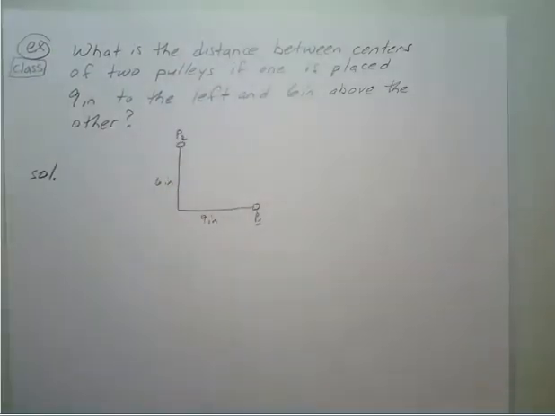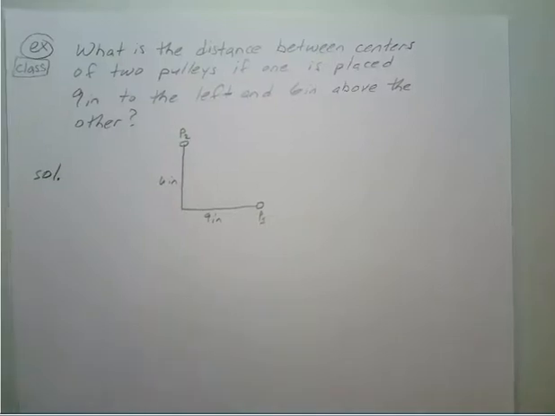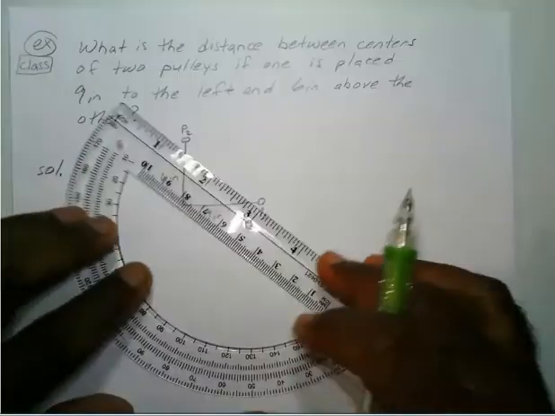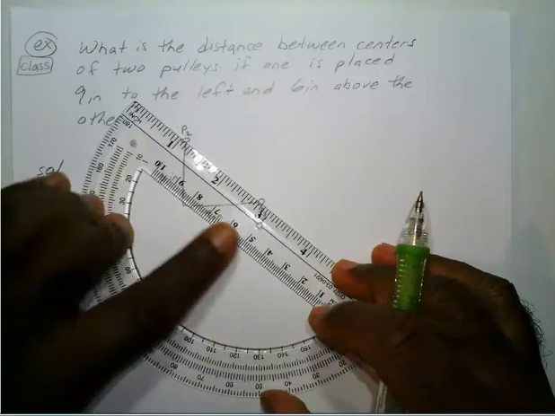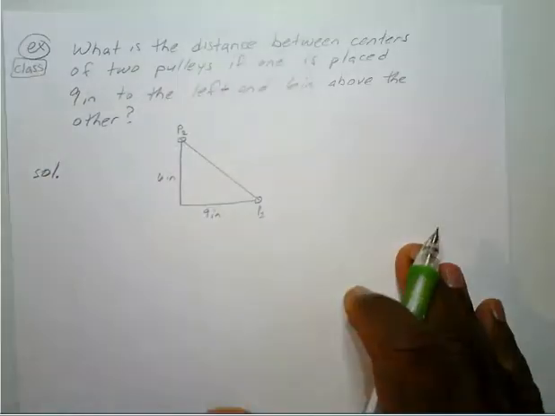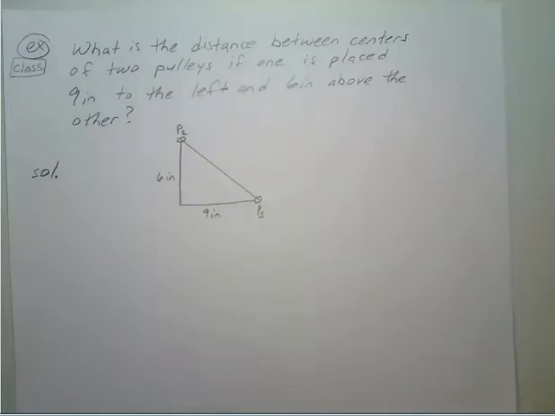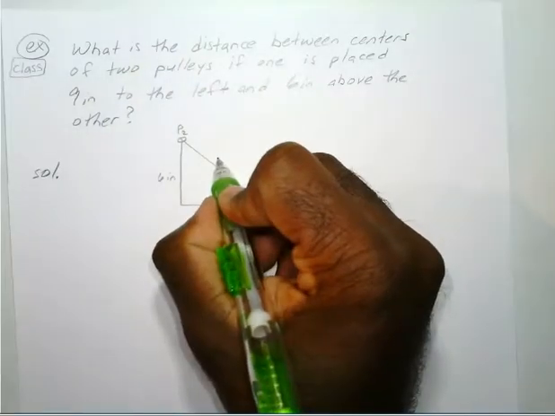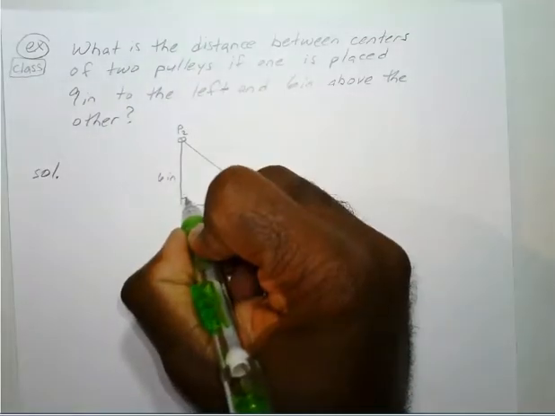And they want to find the distance between those two pulleys. So in other words, they want to find the distance between the centers of these two pulleys. Okay, so we'll name that Z, or you can name it C, whichever one you want to.